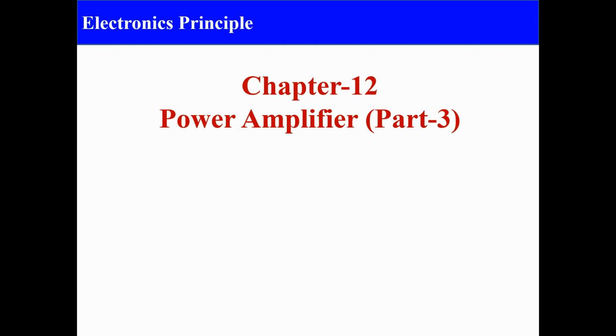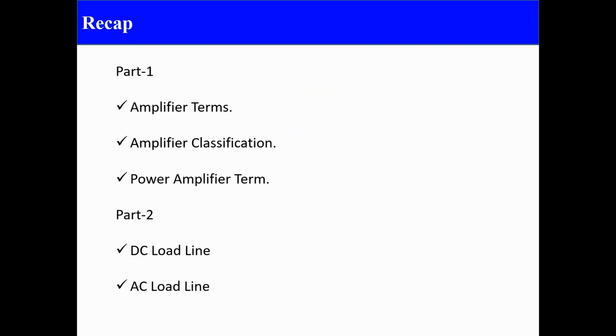Today in this video lecture of power amplifier part 3, we will complete the rest of the content. But before that, let's quickly recall what we have discussed in part 1 and part 2. In part 1 we discussed amplifier terms, classification of amplifiers, small signal and large signal terms.